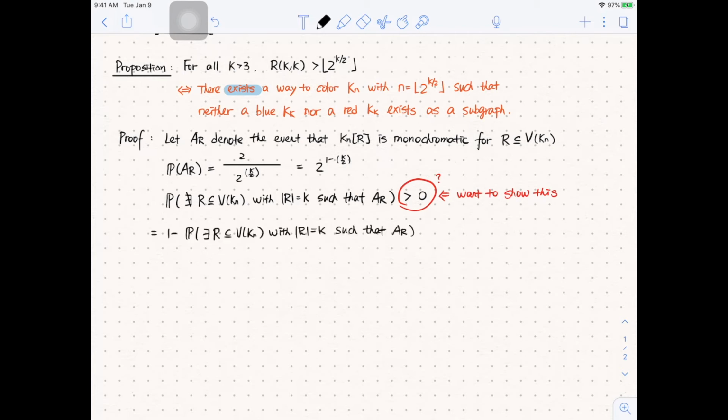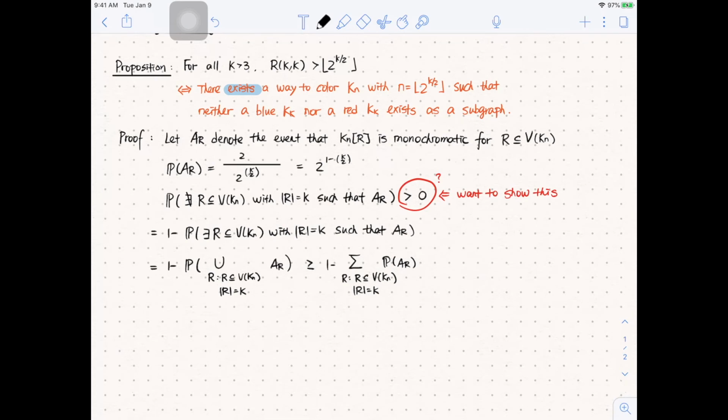And further, this event complement can be written as a union of many smaller events. Then one can use the union bound to bound this probability. In particular, this is greater than or equal to 1 minus the sum of the probabilities of these smaller events.